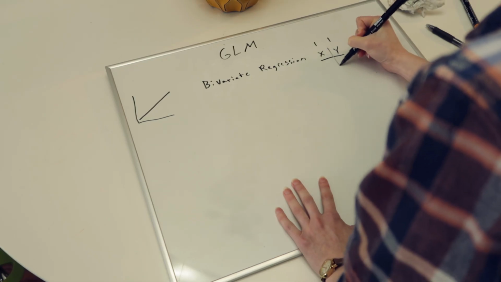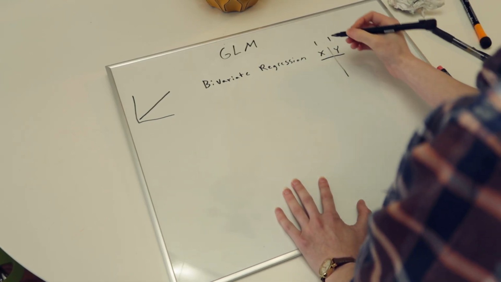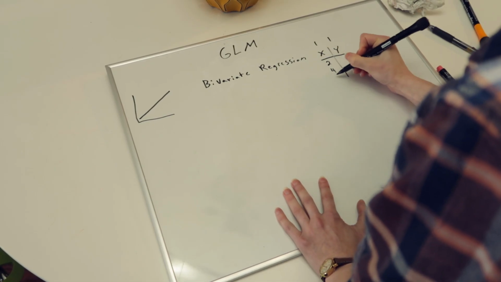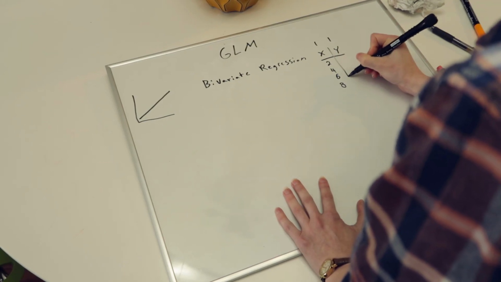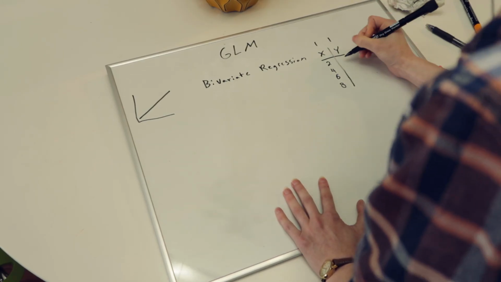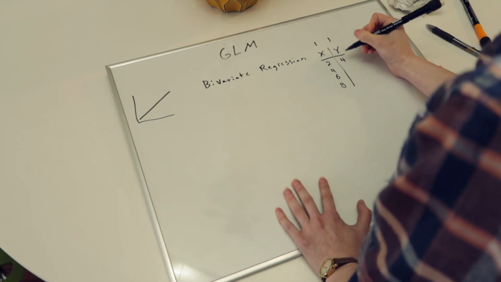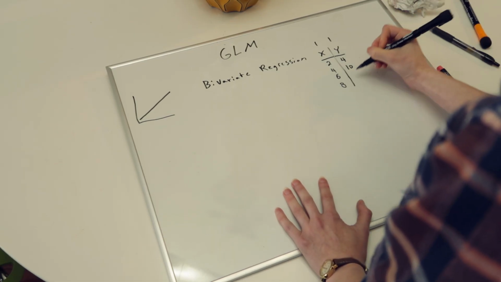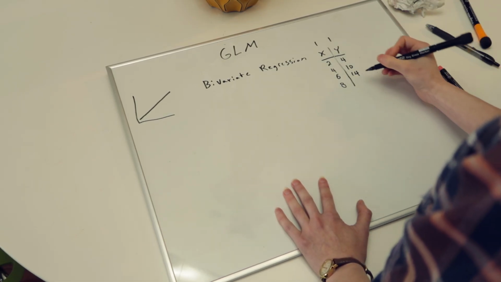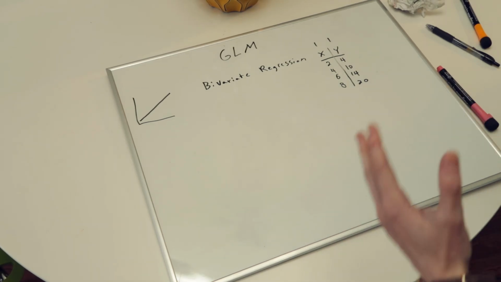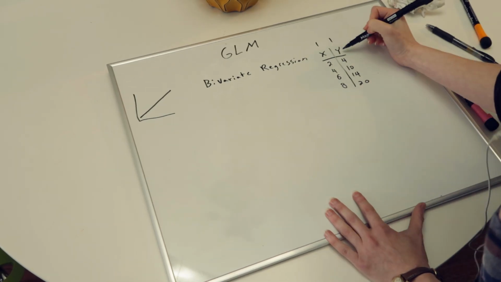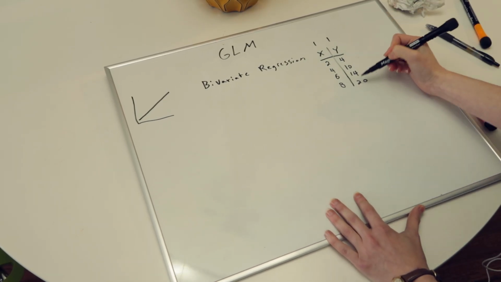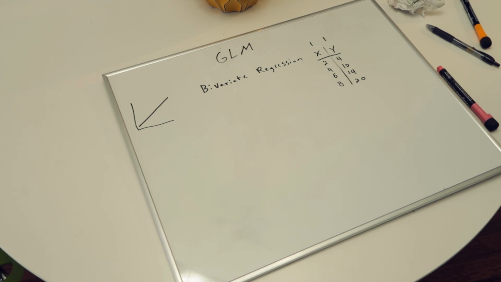But what we have is raw scores. So say this is 2, 4, 6, 8, and this is like 4, 10, 14, and 20 or something like that. So we have our raw scores here.